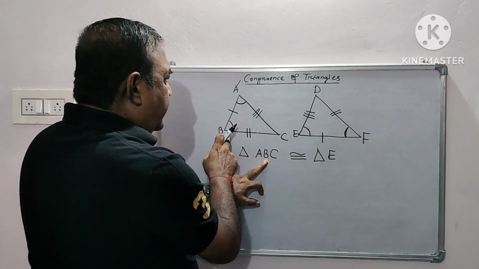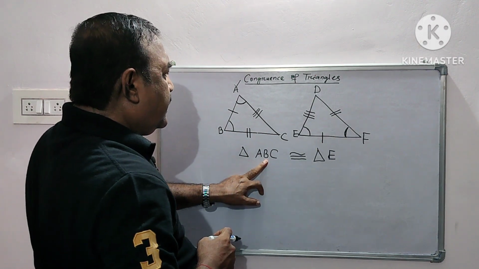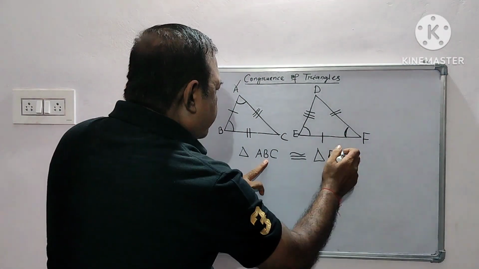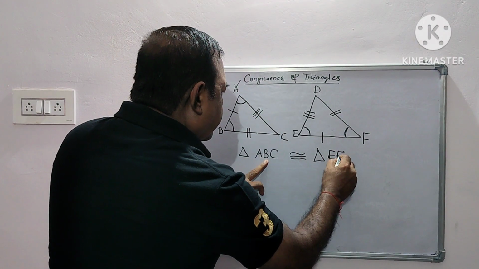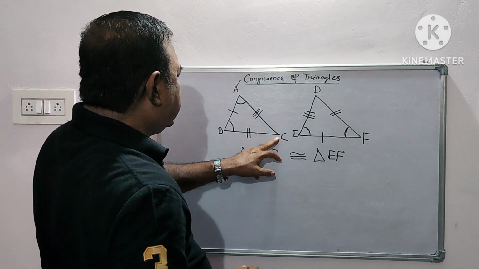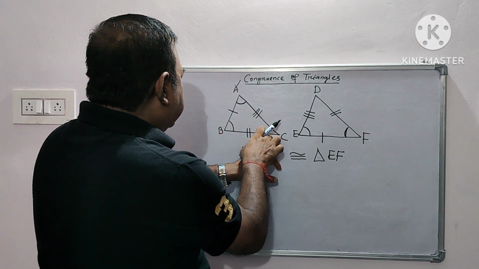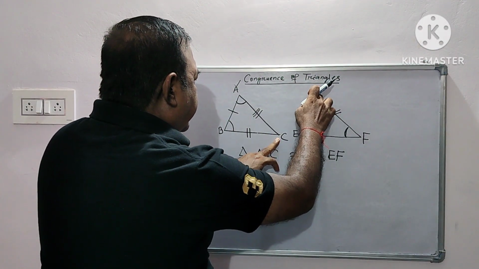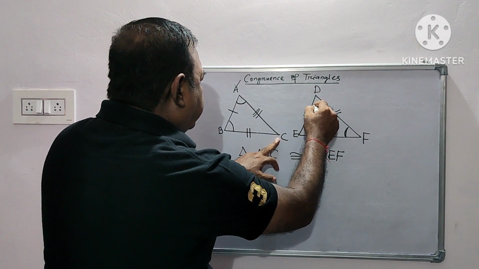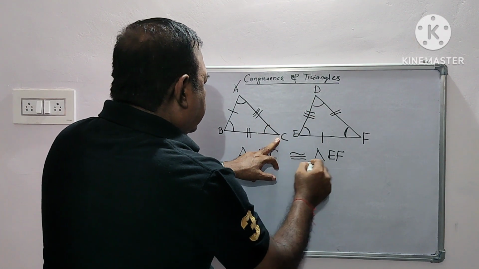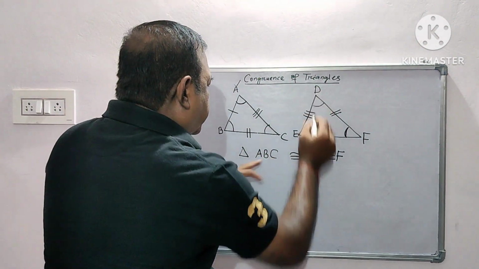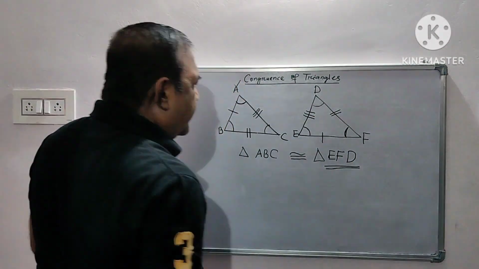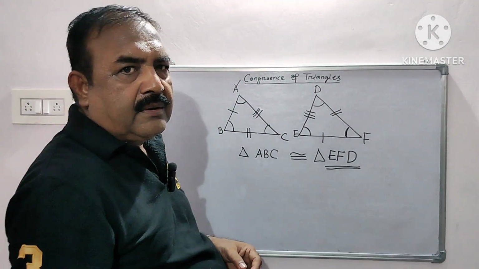Both the angles B and F measure equally. So the vertex B matches to vertex F. Then come to C. You see between BC and CA, that means between FD and DE, this angle. So the vertex C matches to vertex D. You cannot write here the name of the triangle as DEF. It will be wrong.